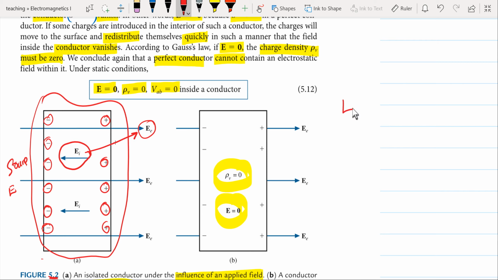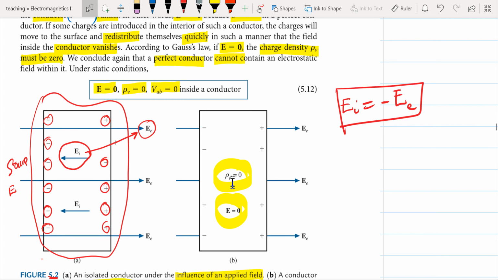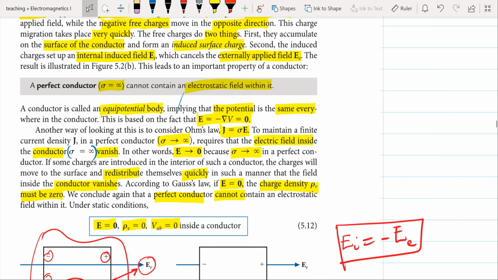Therefore, we say that EI is equal to negative EE. So what happens is that these two fields cancel out each other. And this leads to an important property.